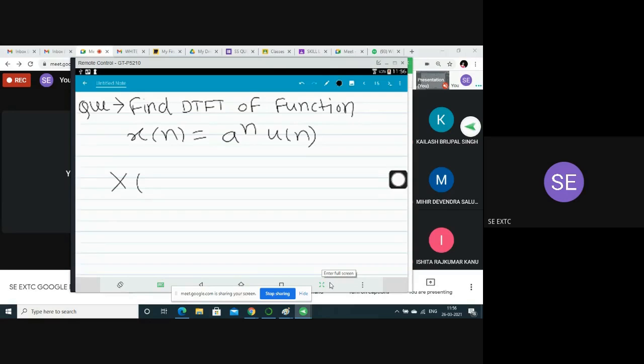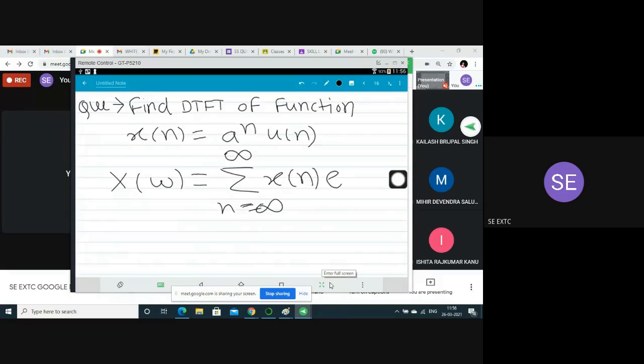X of omega is equal to summation from minus infinity to plus infinity x of n e to the power minus j omega n. So this will be your formula.